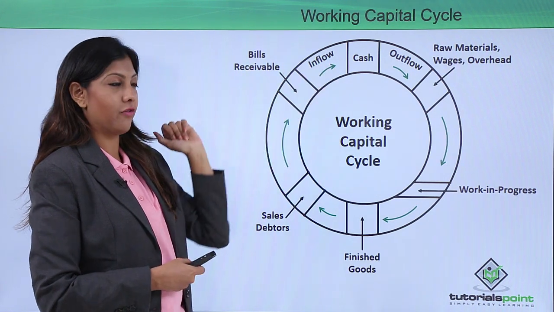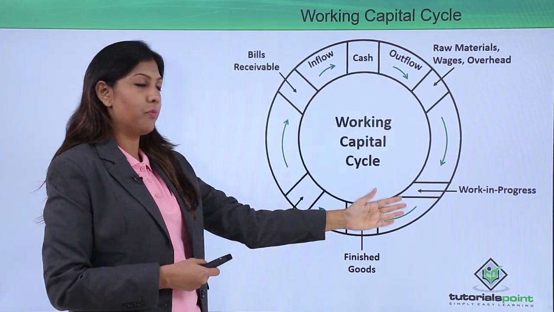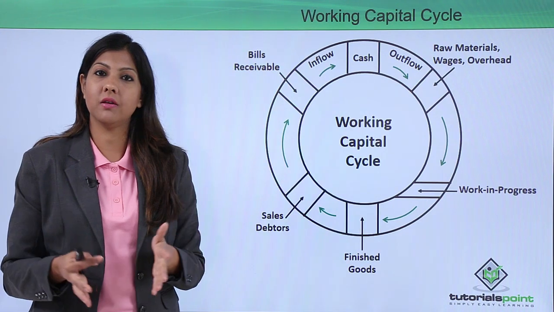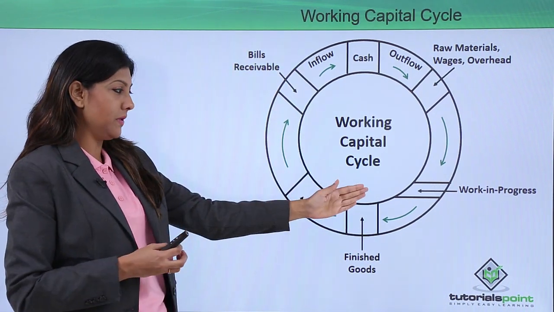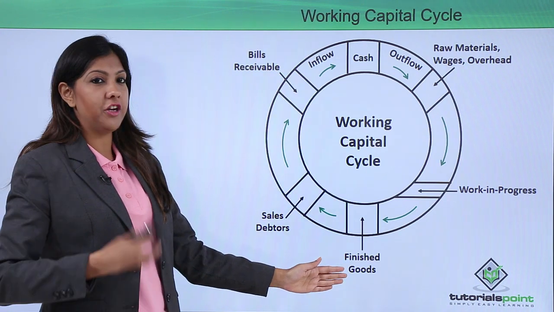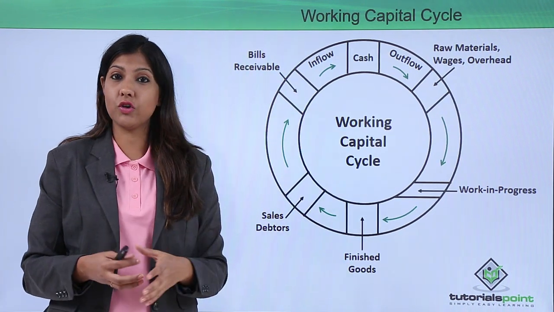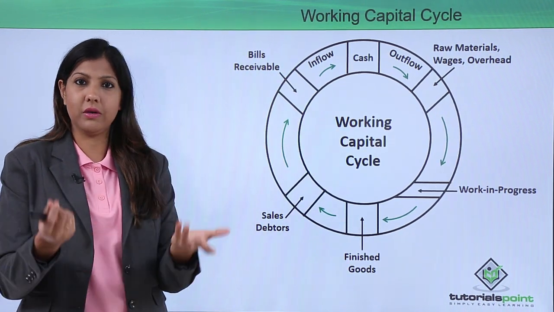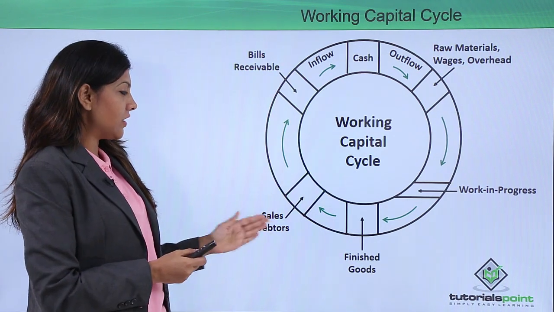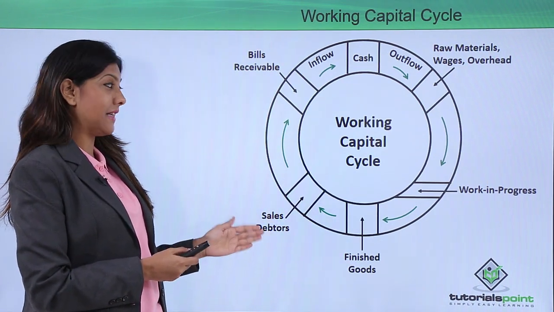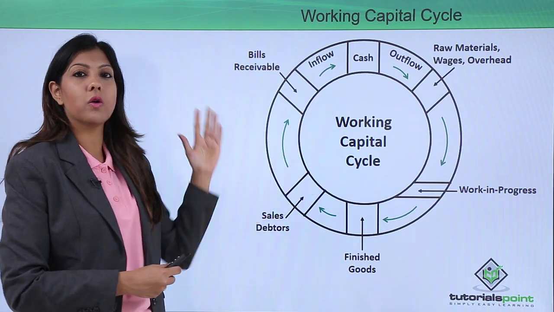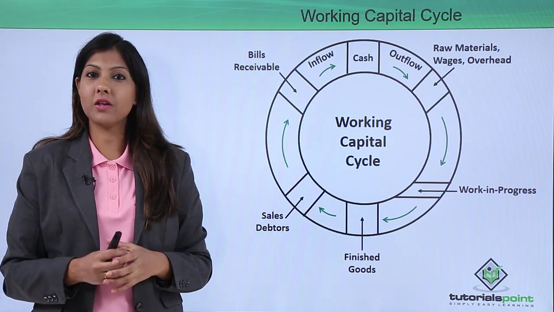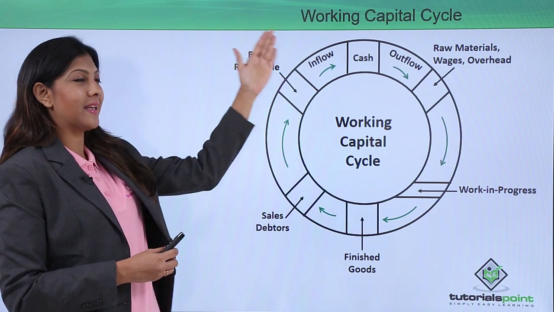Then there is work in progress, wherein the normal work happens day to day, the regular workflow, after which you get the finished product or the service which you are marketing in the outside market, which leads to your sales debtors, and then it's again a continuous cycle which goes on and on. So this is the working capital cycle.